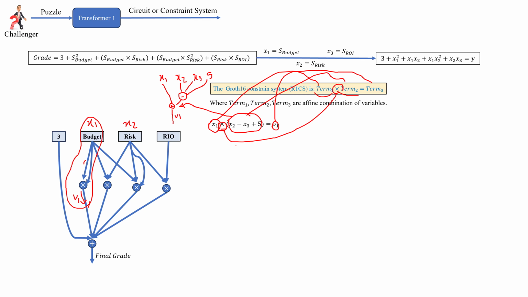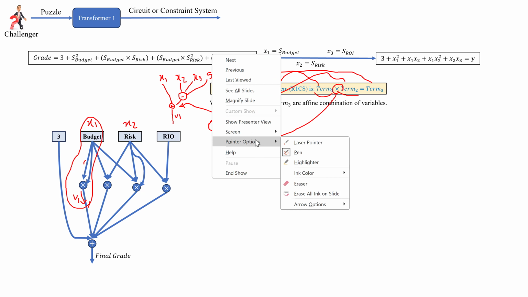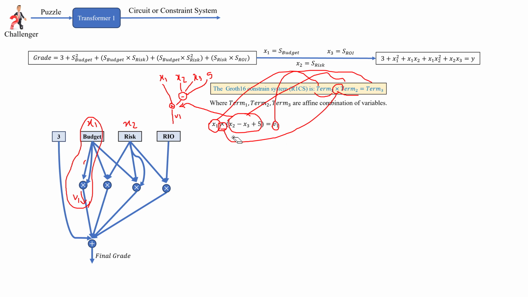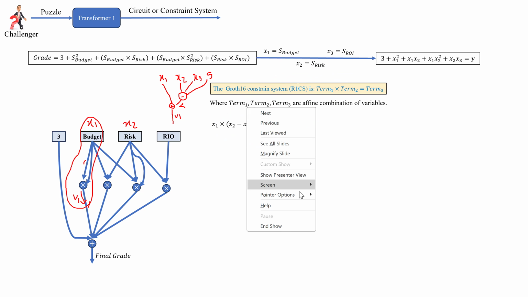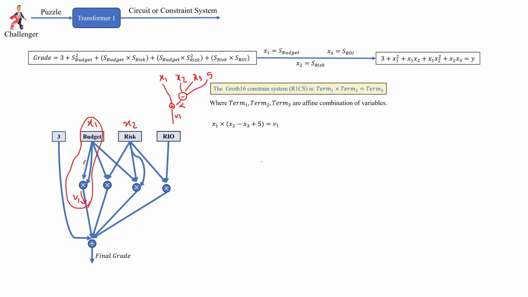Now we need to see if each of term 1, term 2, and term 3 is an affine combination of variables or not. So what is an affine combination? Affine combination means that you can add the variables to each other. For instance, x1 plus x2 plus x3 and so on, it is affine.